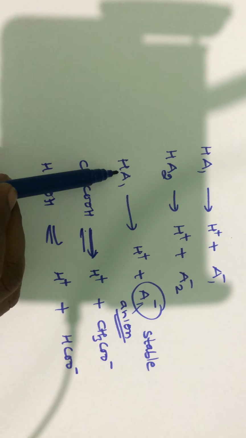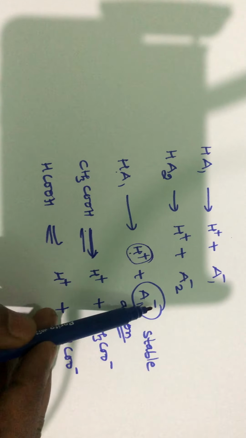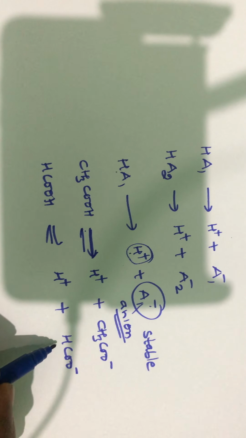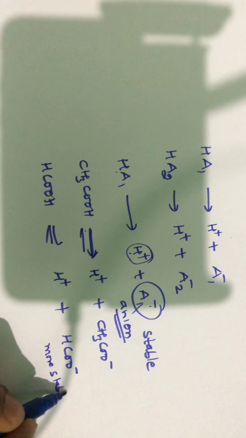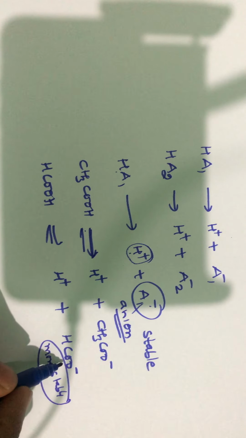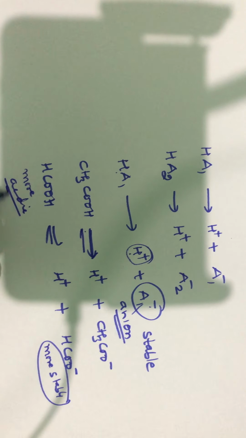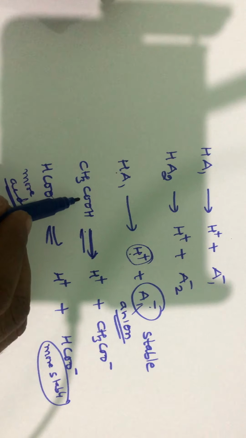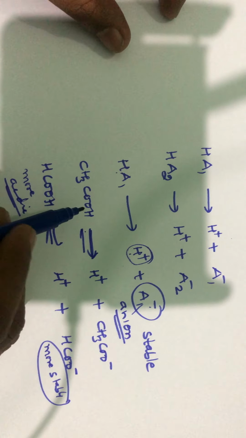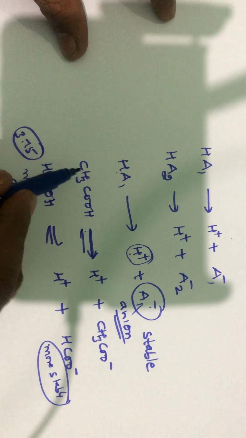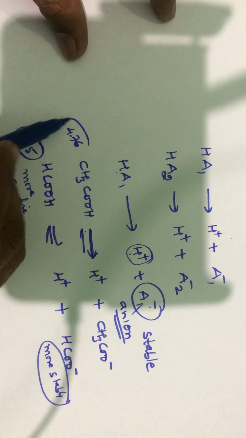Because an acid will lose a proton if, after losing it, the anion formed is stable. So here, the formate anion is more stable. Since the anion formed is more stable, this is more acidic, and the other is less acidic, which is reflected by the pK value. The pK of formic acid is 3.75 and the pK of acetic acid is 4.76.